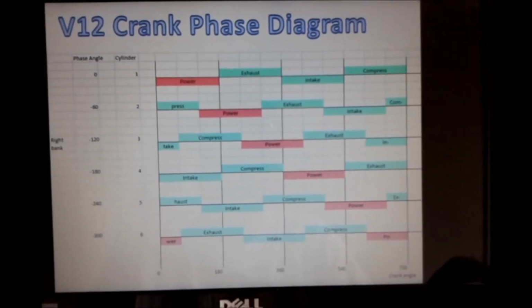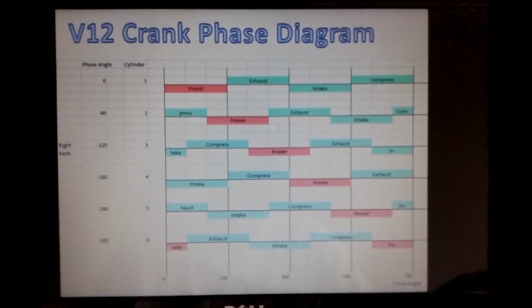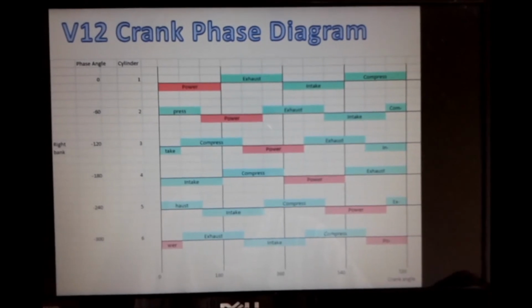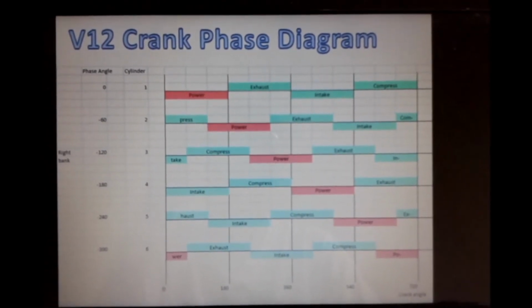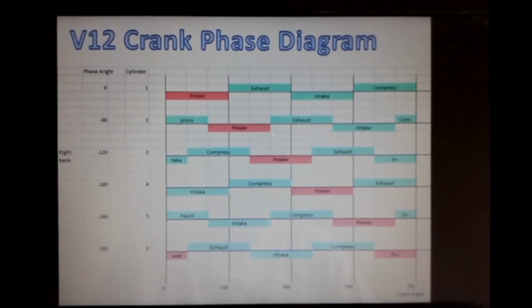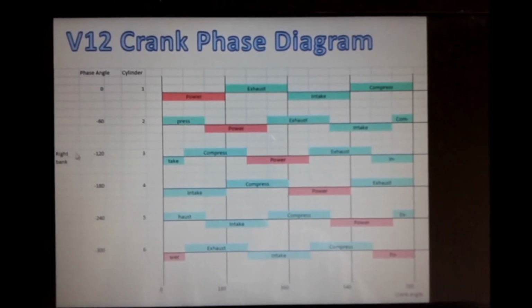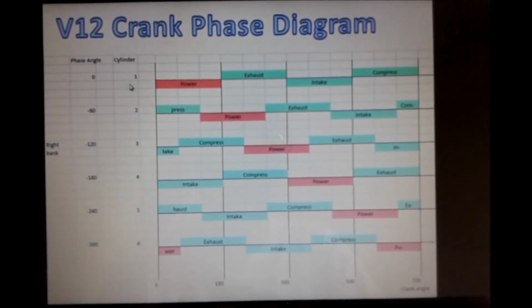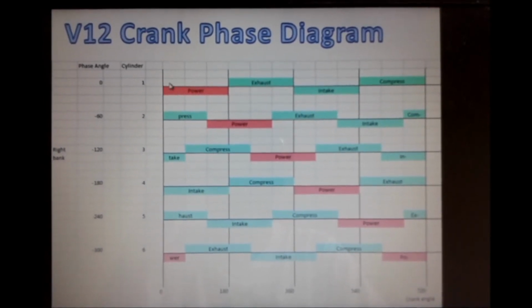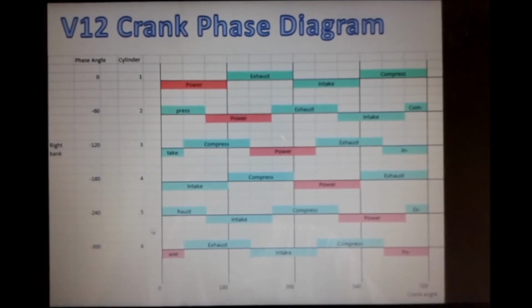Since V engines are arranged to fire cylinders in opposite banks successively to balance fluid flow demands, we can see that at the right bank, this diagram shows the right bank, cylinder 1 fires first at a crank angle of 0 degrees.